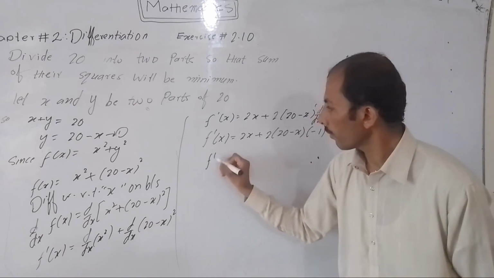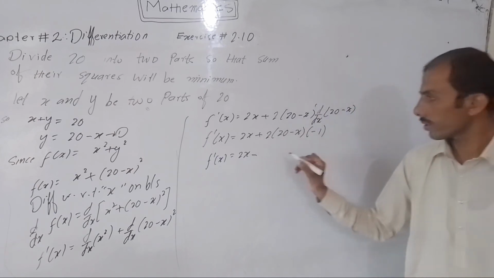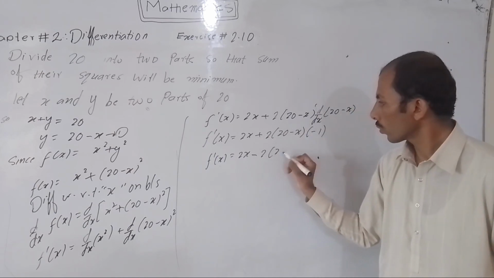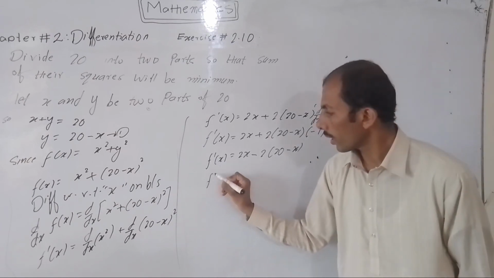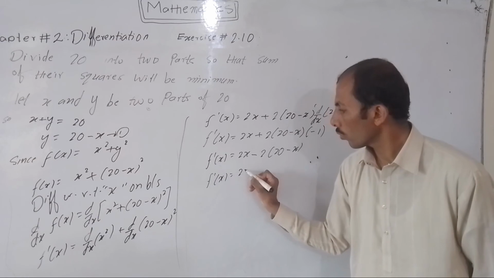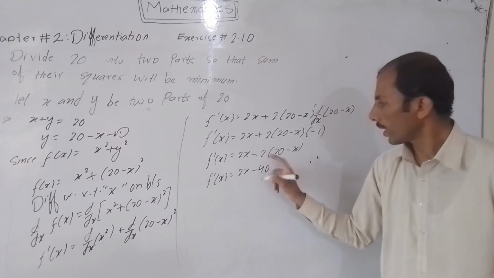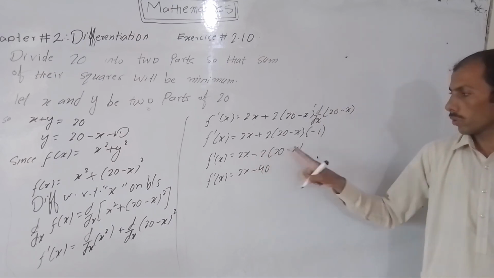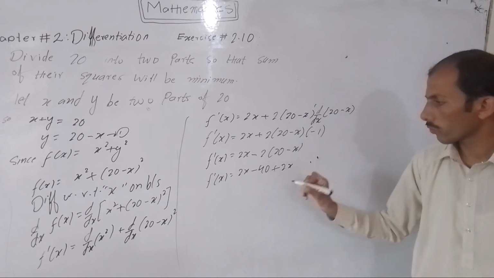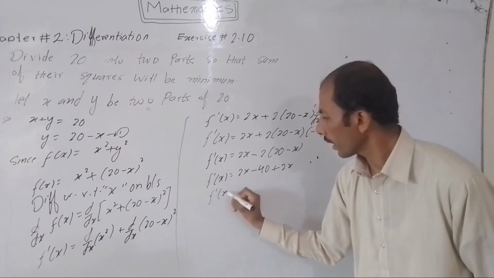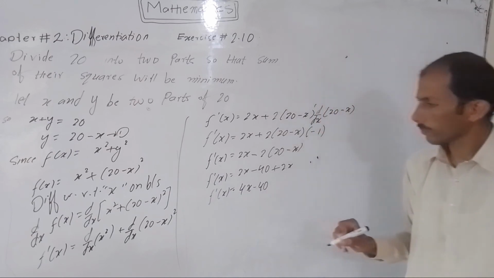So f prime of x is equal to 2x plus (minus)(minus) 2 times (20 minus x). f prime of x is equal to 2x minus 2 times 20, which is 40, plus 2 times x is 2x. 2 plus 2 is 4. f prime of x is equal to 4x minus 40.